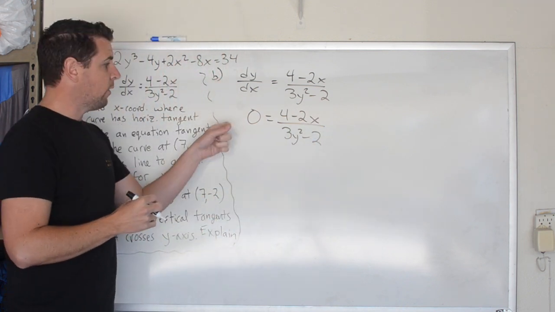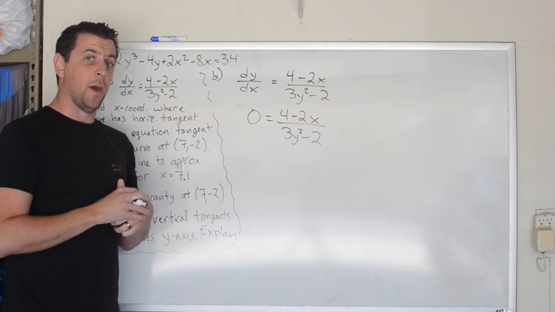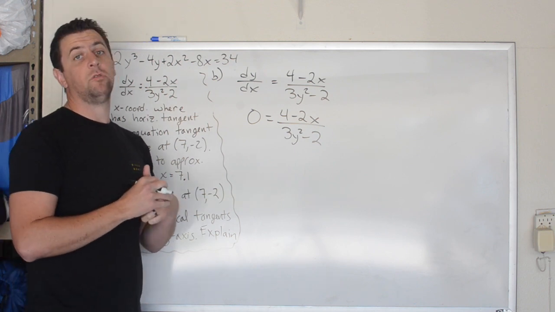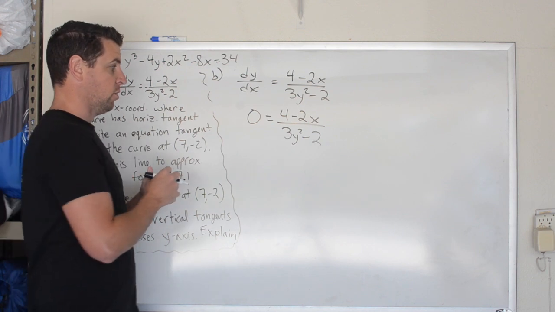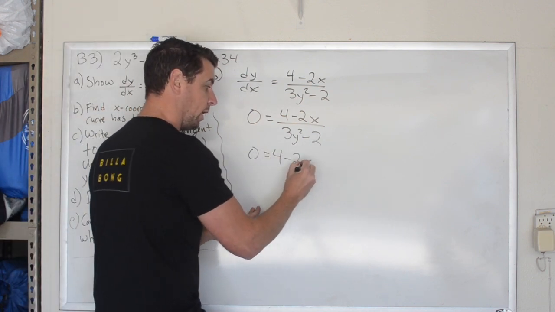And now I have a fraction equal to 0. And this is where we can make a good mathematical move. A fraction equals 0 when the numerator equals 0. So this is true when 0 equals 4 minus 2x.